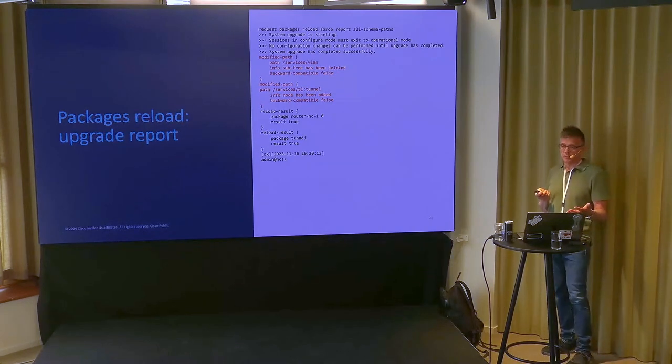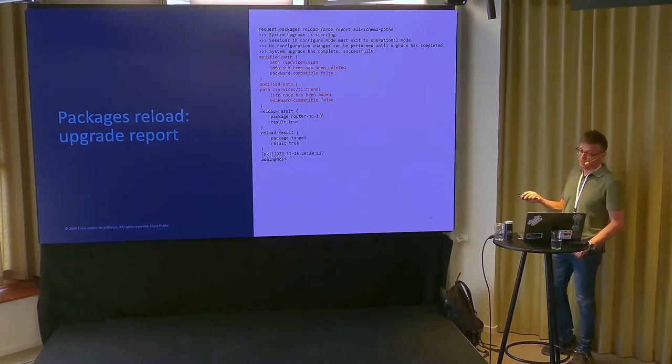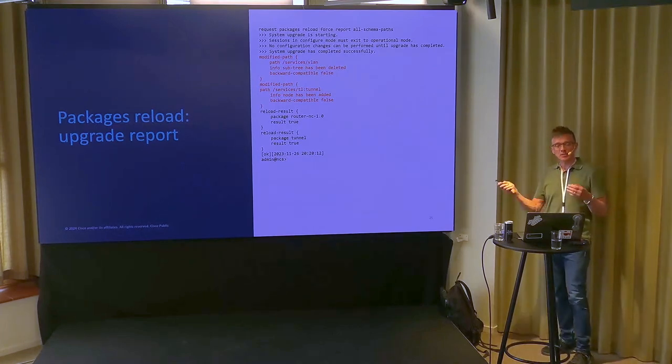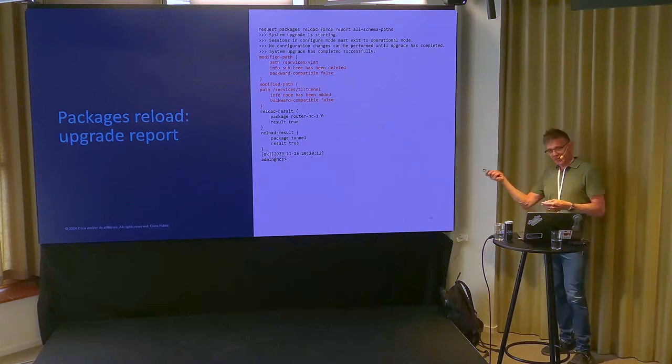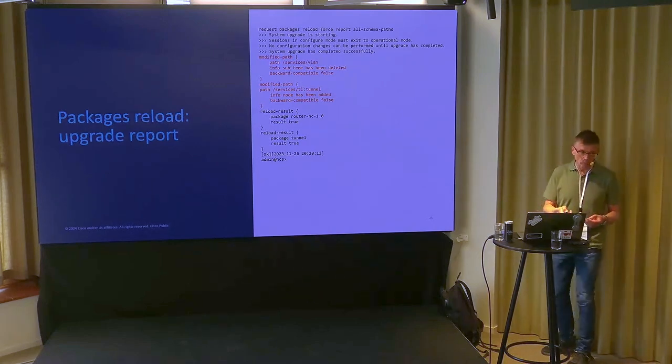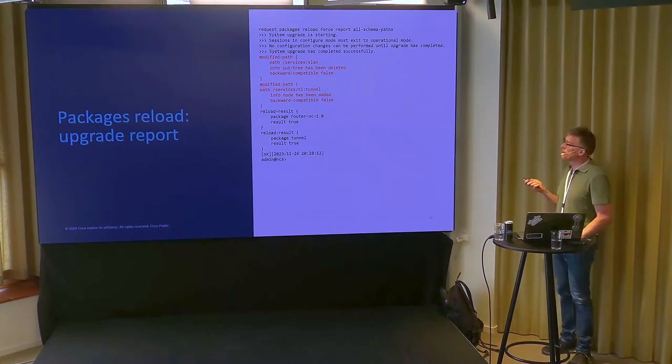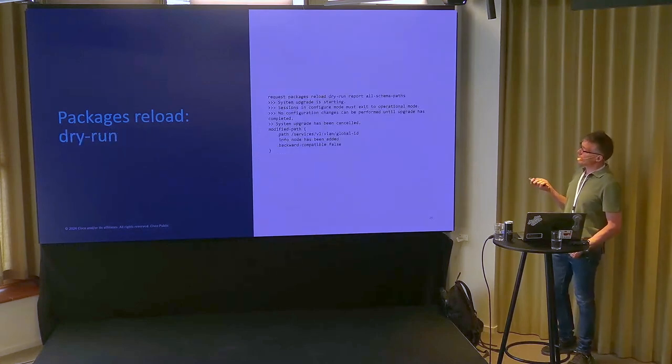You can see what is done, what is changed. This is slightly different to the upgrade tree. This is what is changed, not what is done. We also added a dry run input parameter.